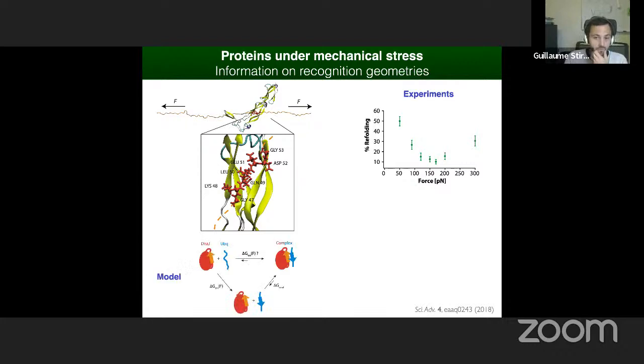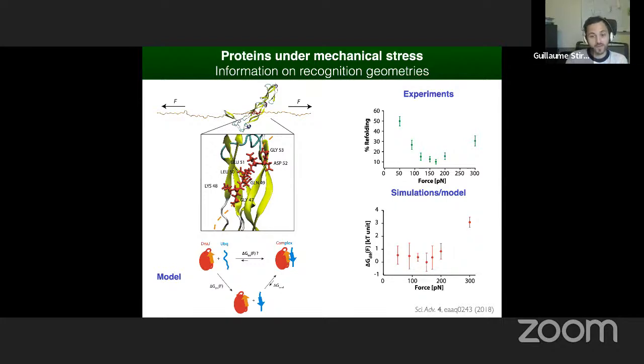And to understand why this was non-monotonous, we wrote a model to estimate the cost for these backbone dihedrals to go from their value at a given force to the value they have in the binding motif within the binding pocket, right? And by estimating this cost using steered MD simulations, steered MD trajectories, we could recover this behavior, especially the fact that at very high forces, all your dihedrals are distorted.